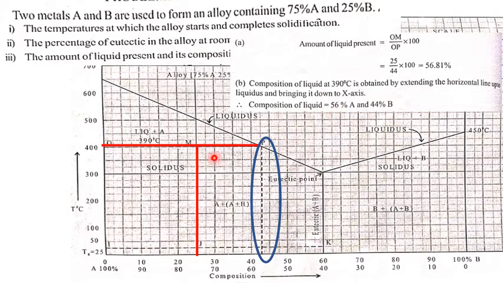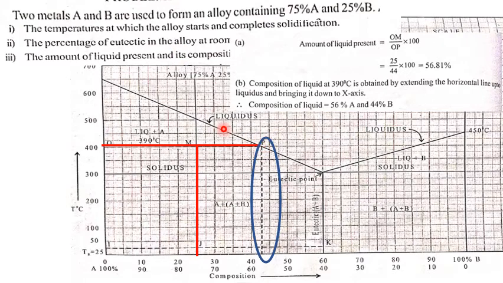Now in order to find the amount of liquid, we need to stand on the liquidus line, and the length of the opposite arm is OM divided by the length of the overall arm, that is OP. Here it is clearly asked what is the percentage of liquid, that is the amount of liquid.